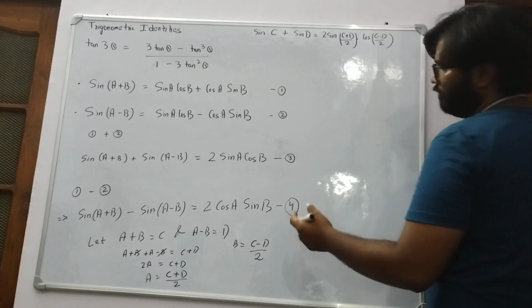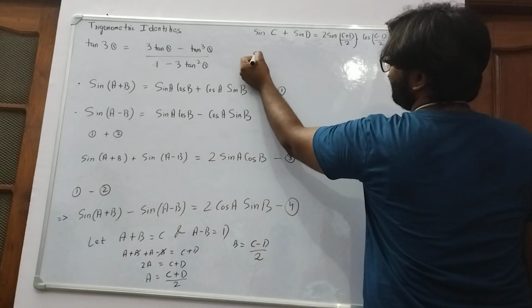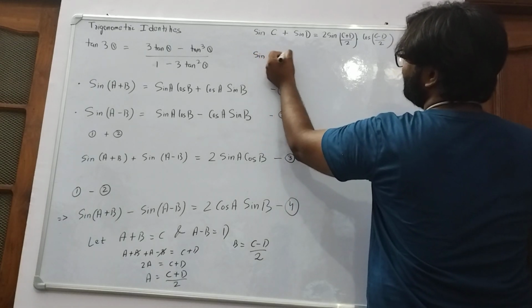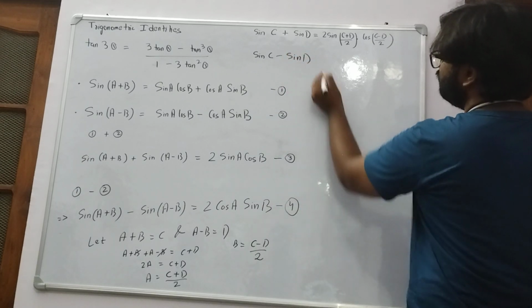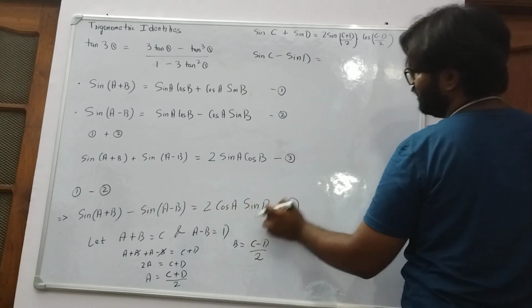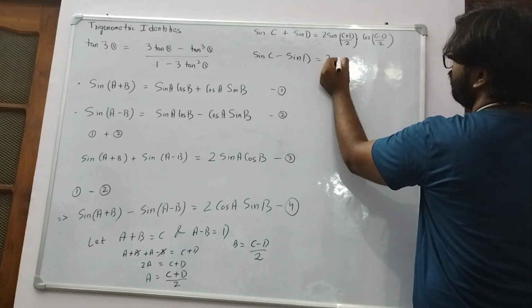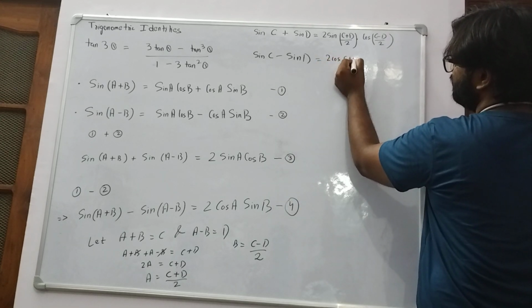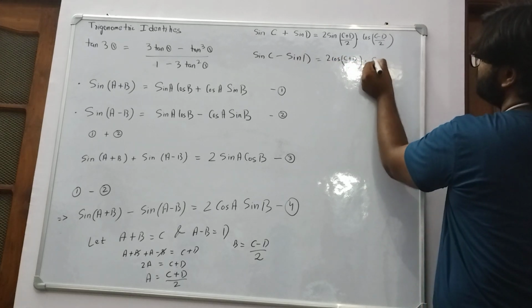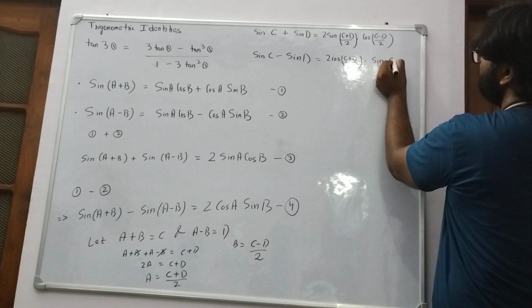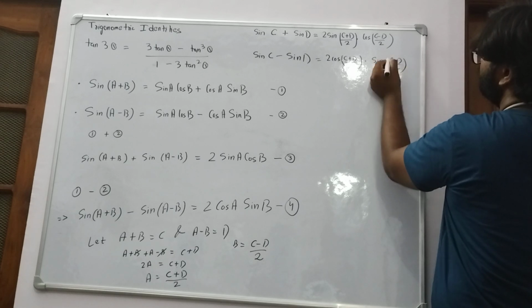And now when we go to sin C minus sin D from equation number 4, we will get 2 cos A sin B, that is 2 cos (C plus D) by 2 into sin (C minus D) by 2.